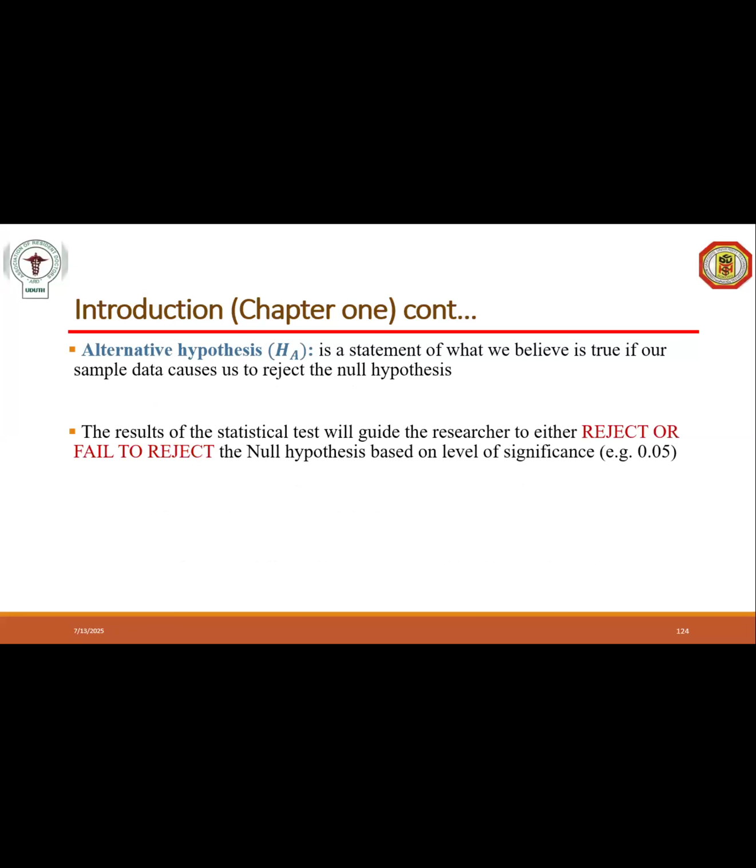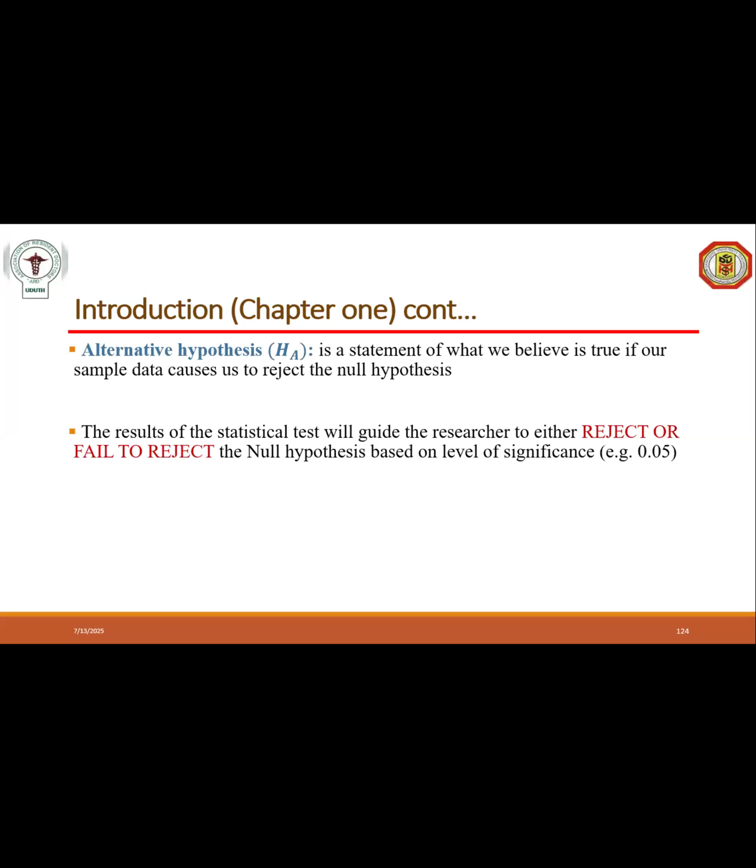So usually when you state a hypothesis, any hypothesis that you state, you must also know the type of test that you are going to use in order to test that hypothesis. So at the end of the day, the statistical test that you have used in testing that hypothesis will show you whether to reject the null hypothesis or to adopt it. If your test says you should reject the null hypothesis, then you go for the alternate hypothesis.